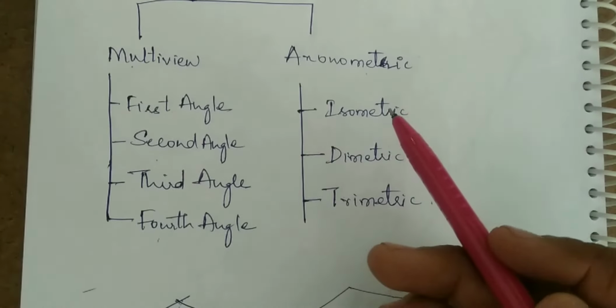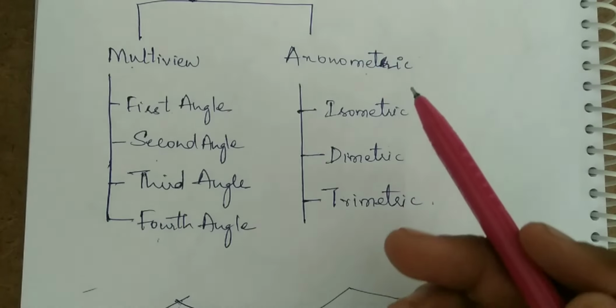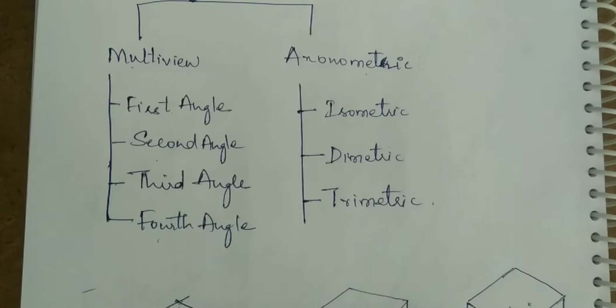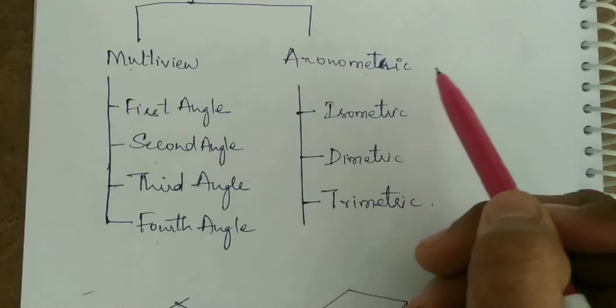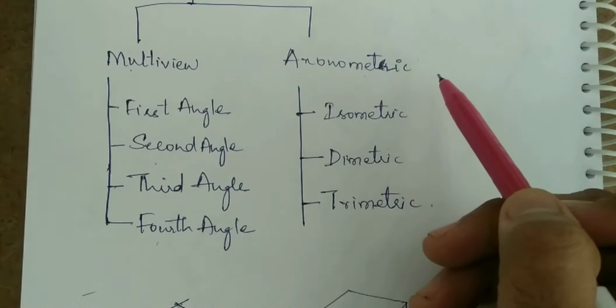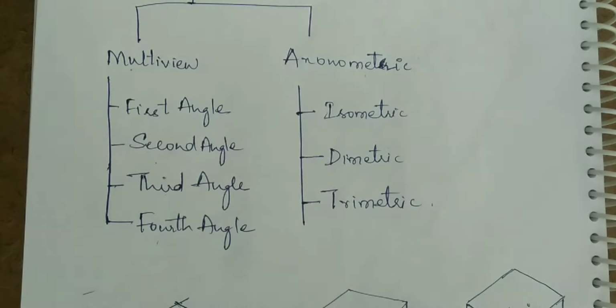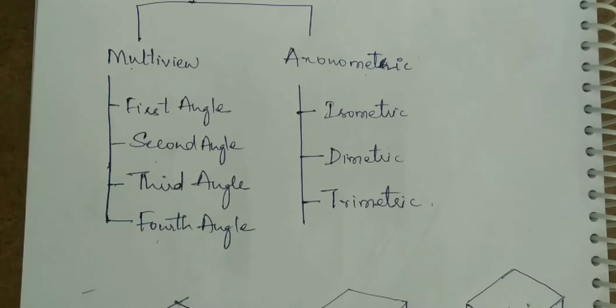What is the difference between isometric, dimetric and trimetric? We will see that in detail also. Before going for this, what is meant by axonometric projection? Axonometric is a type of single view parallel projection used to create a pictorial drawing of an object.